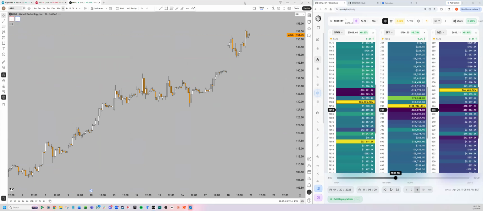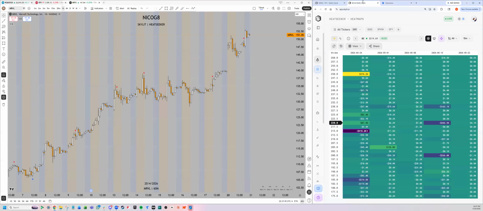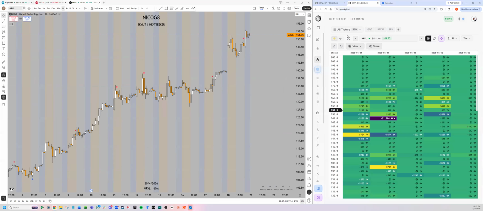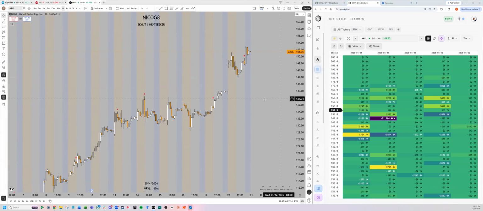Okay. Marvel. Yeah, Marvel, you're probably waiting for a pullback, 145, 146, 147.